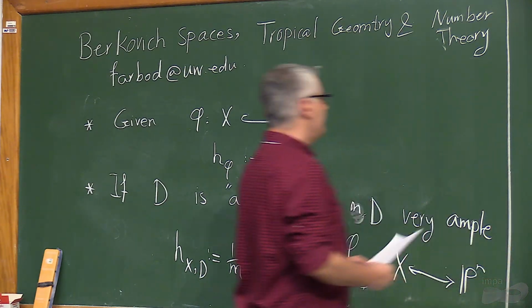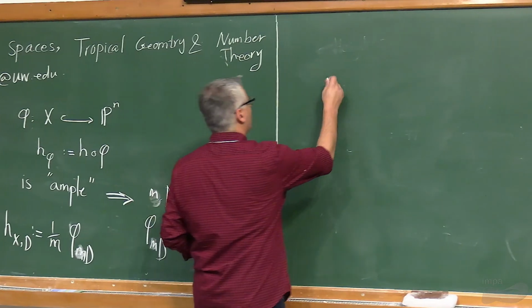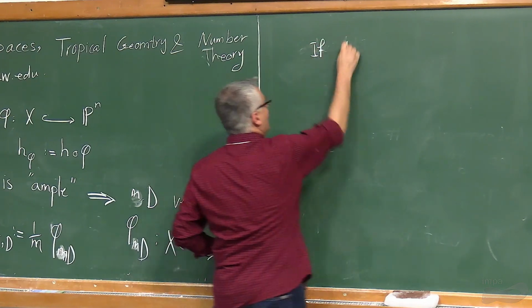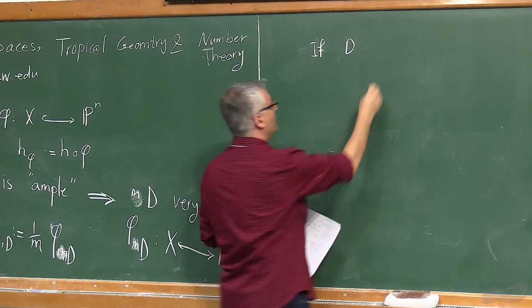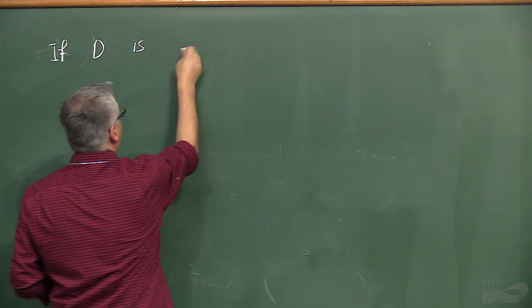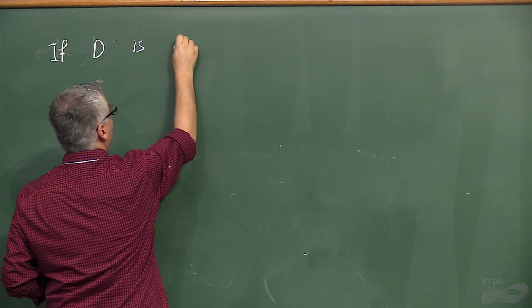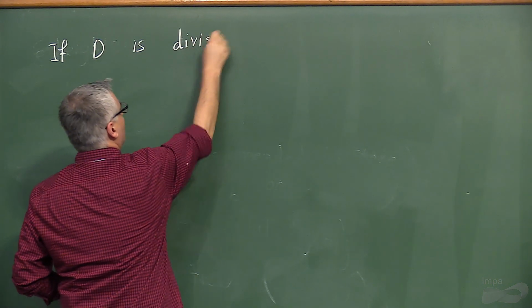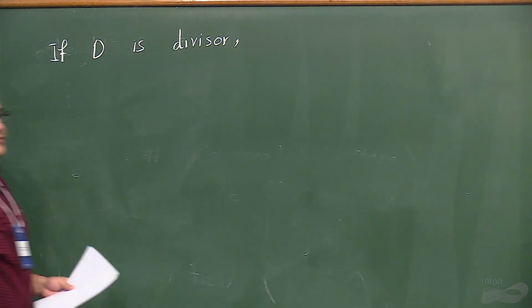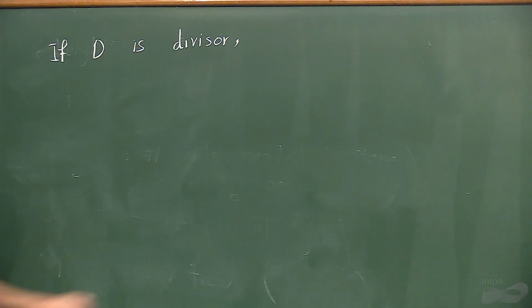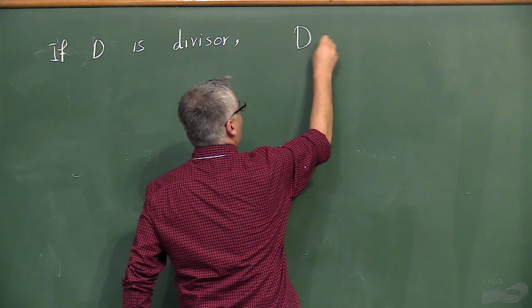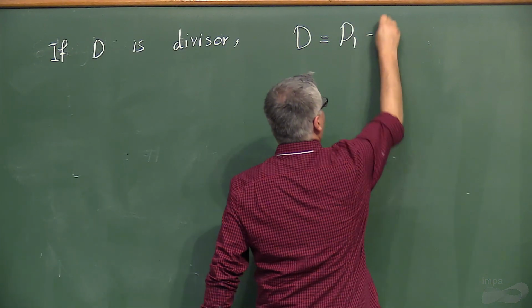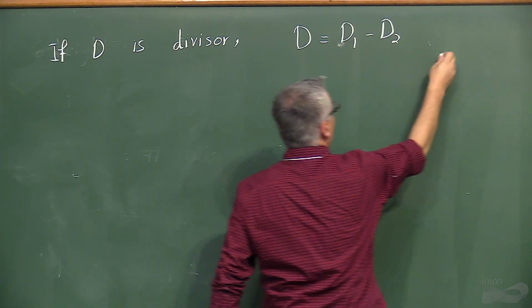Okay, let me say one more. Maybe if this is any line bundle or divisor, any divisor, you can still get a height function because there is this little trick that you can write D as D1 minus D2, both of which are ample.